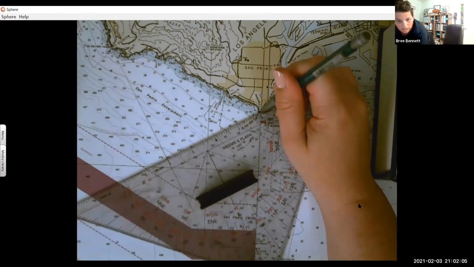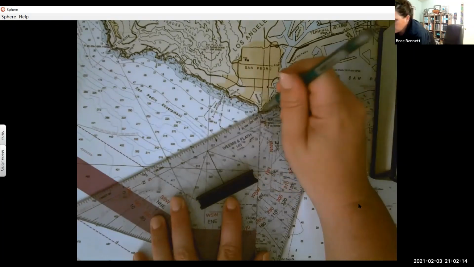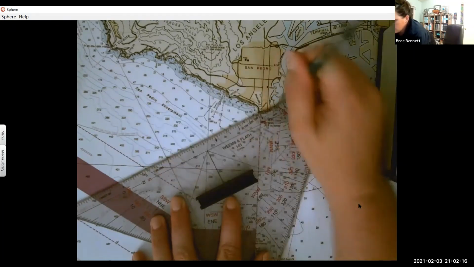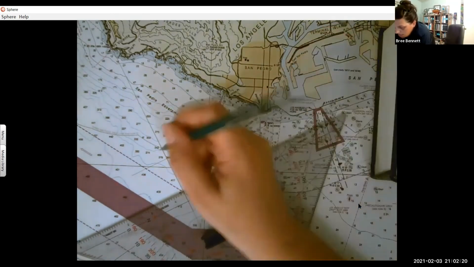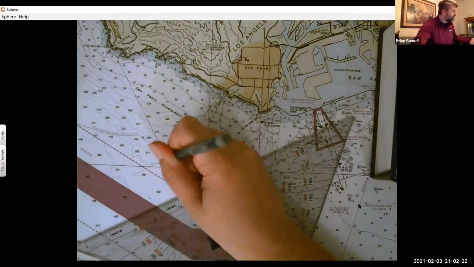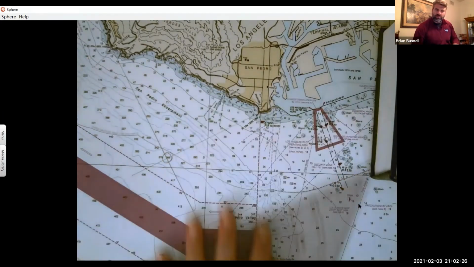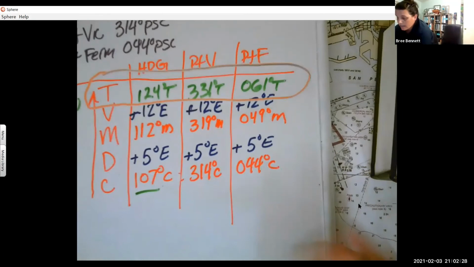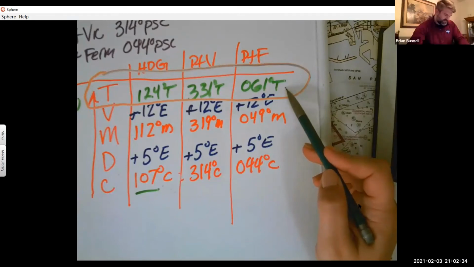I'm in the purple here, so it's a little bit harder to see. But I have 0, 6, 1. And the focal point, I'll draw my line. That is my bearing for Point Fermin. Thanks.